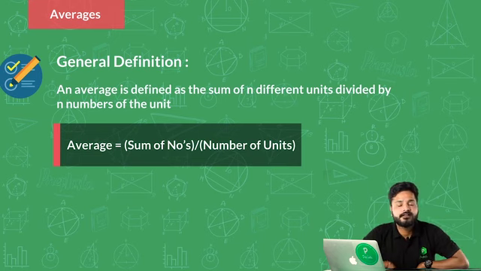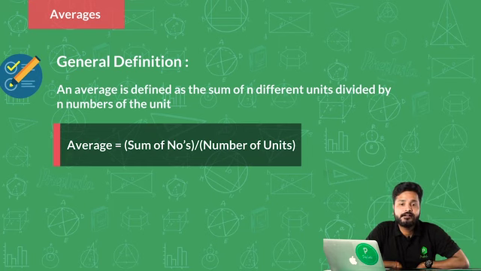Let's say there is a class and there are 10 students and they score, let's say, 10, 15, 20, 25, 30 and so on. Each one of them scores marks from 10 to, let's say, 30. We need to find the average of the marks scored by the entire class. In that case, we add up all the marks scored by each individual: 10 plus 15 plus 20 and so on.